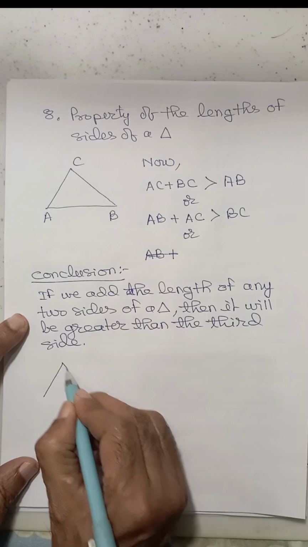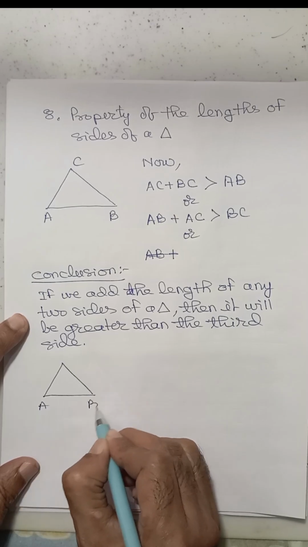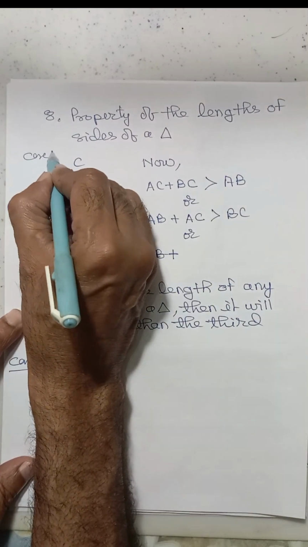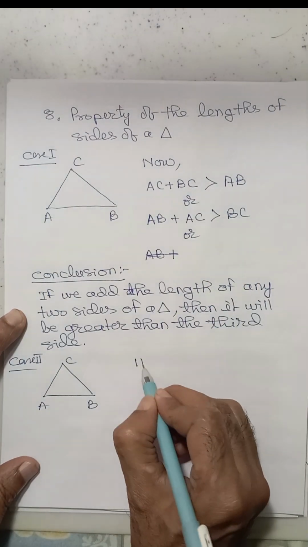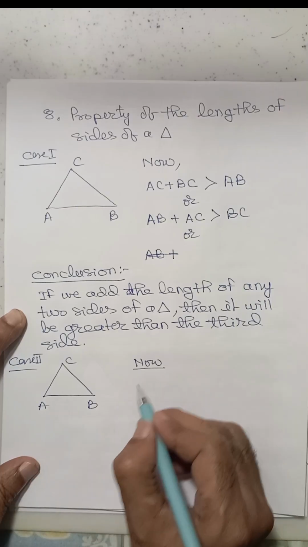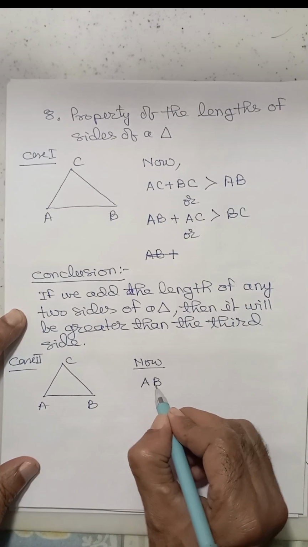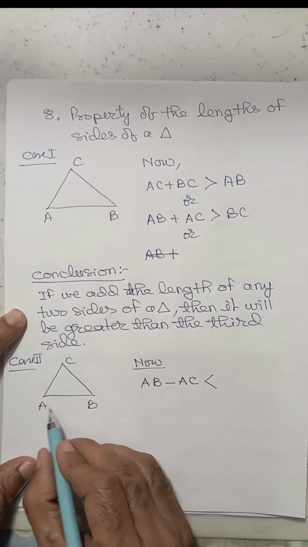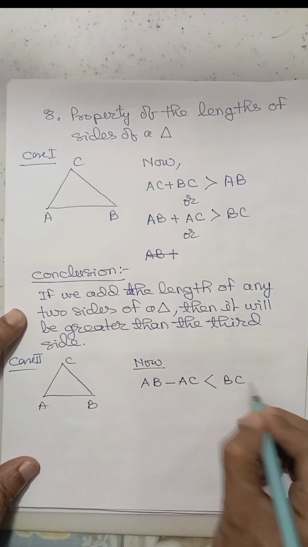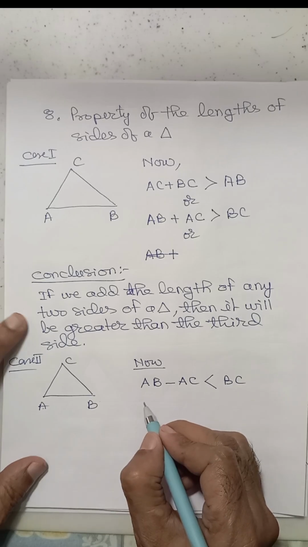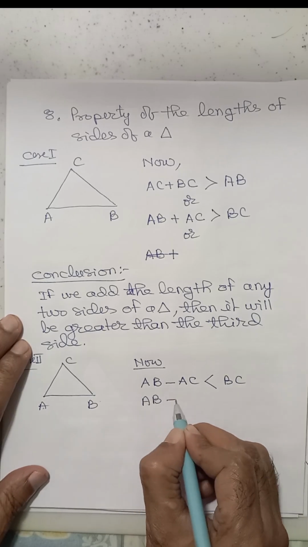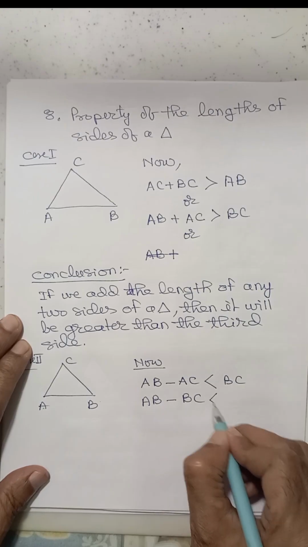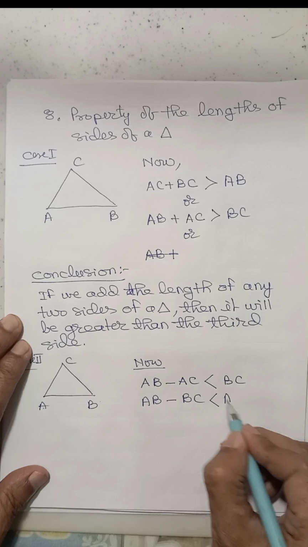Now again, suppose this is a triangle ABC, case 2. This was case 1. Now if we find the difference of the lengths of two sides, suppose AB minus AC, that will be less than BC. Similarly, AB minus BC will always be less than AC.